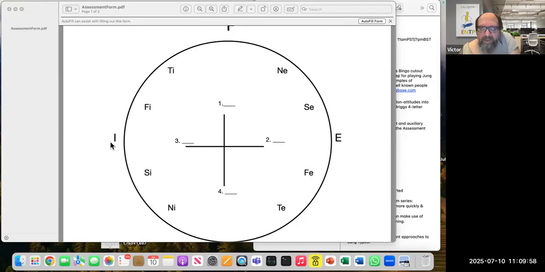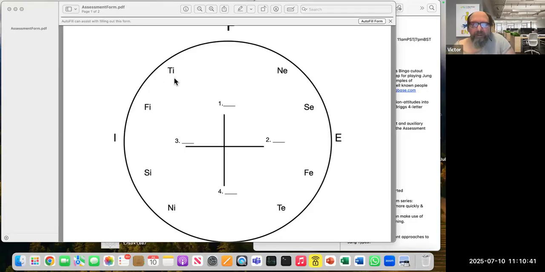Here the I represents the introverted side of these function attitudes. A function attitude is where you have the function represented by its letter, like thinking function, usually represented by a capital T. And right next to it, it is identified whether it is introverted or extroverted. Is that making sense to everyone?